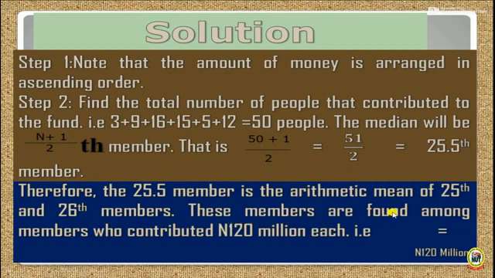So these members are found among members who contributed 120 million naira each. And that becomes 120 million plus 120 million all over 2. And that will give us 240 million naira divided by 2. And then the answer will be 120 million naira. Therefore, the median of this distribution is 120 million naira.